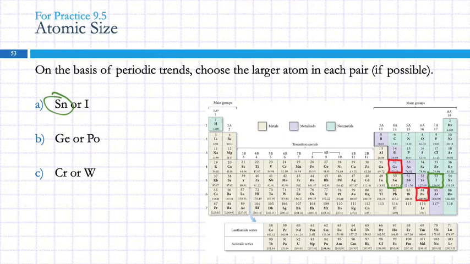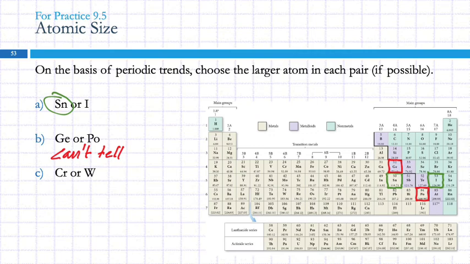The trend going across is that polonium would be smaller because they get smaller as you go across. But the trend going down, they get bigger, right? So that trend predicts that polonium would be larger. So this is one where the answer might be, can't tell.